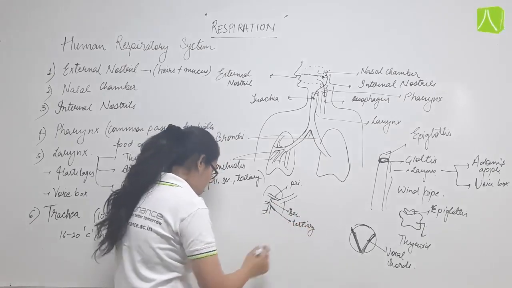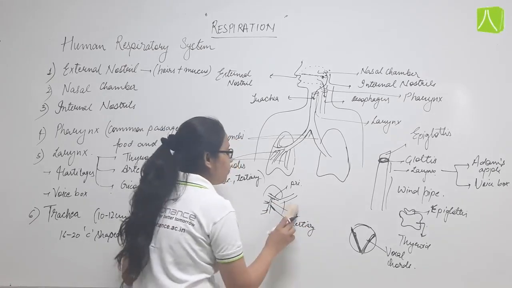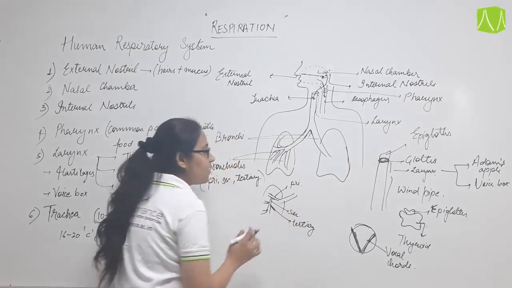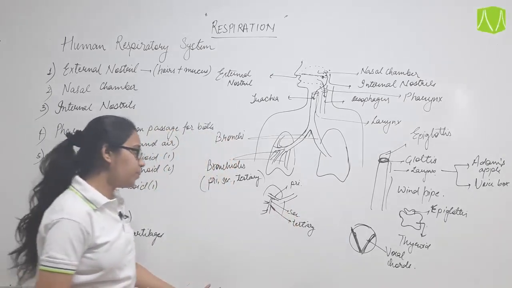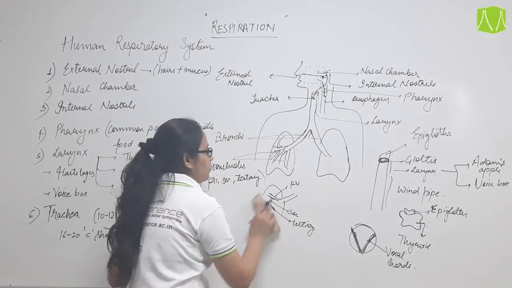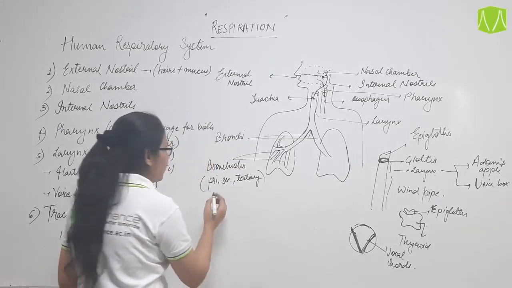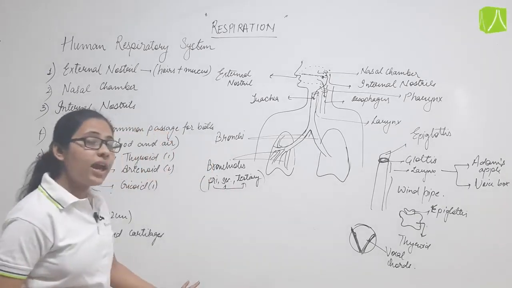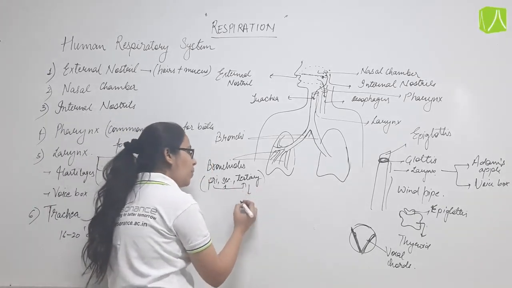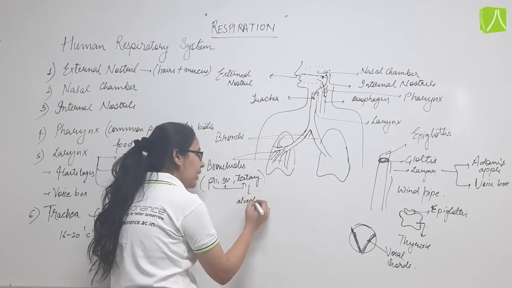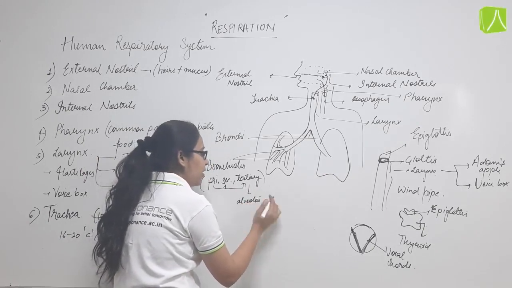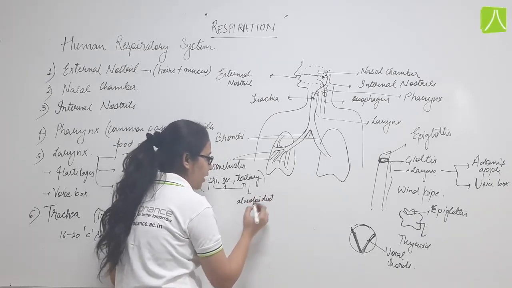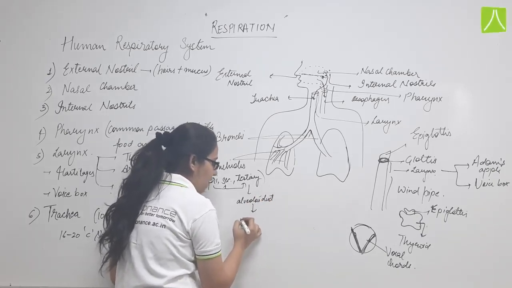So basically the bronchi divide into further bronchioles inside their respective lungs. Primary divides into secondary, secondary again divides into tertiary, and finally this tertiary opens into the alveolar duct.